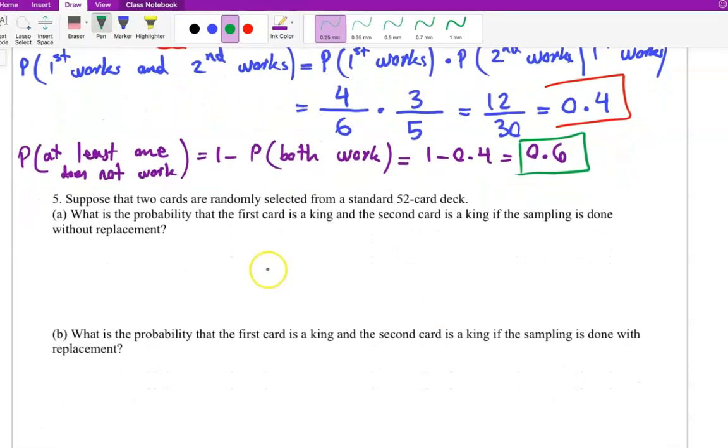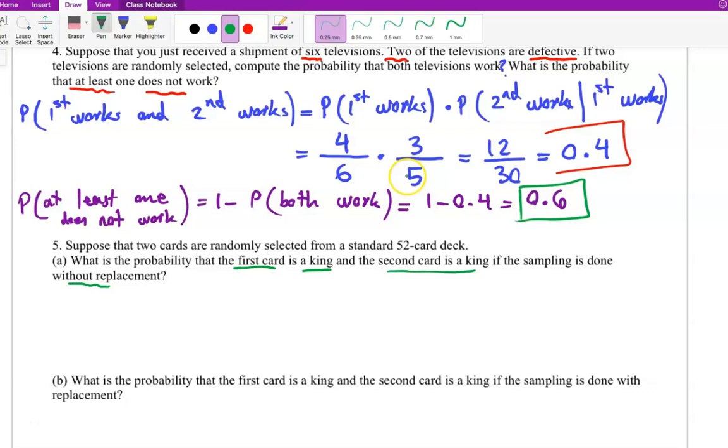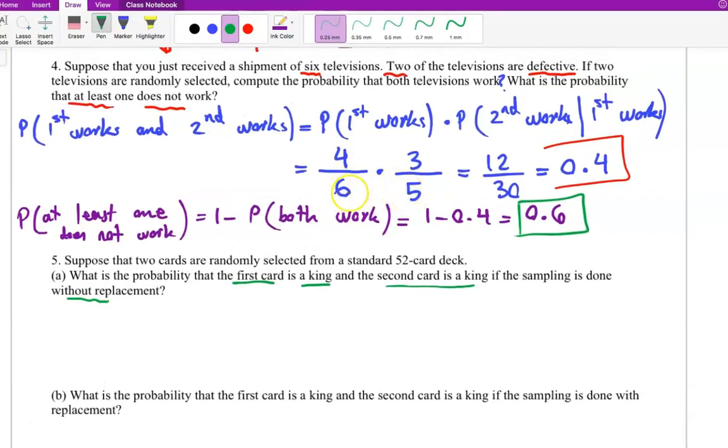Number 5. Suppose that 2 cards are randomly selected from a 52-card deck. What is the probability that the first card is a king and the second card is a king, if the sampling is done without replacement? What does that mean? It's exactly the same as the previous one.